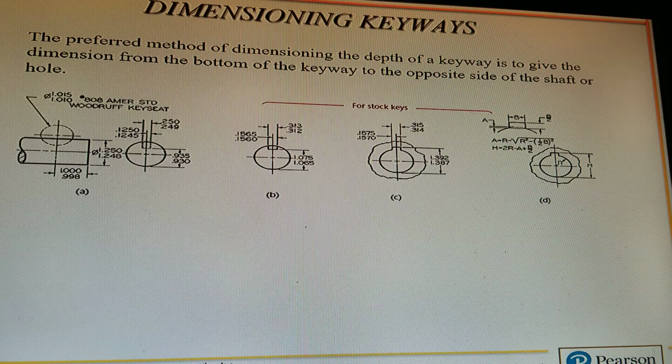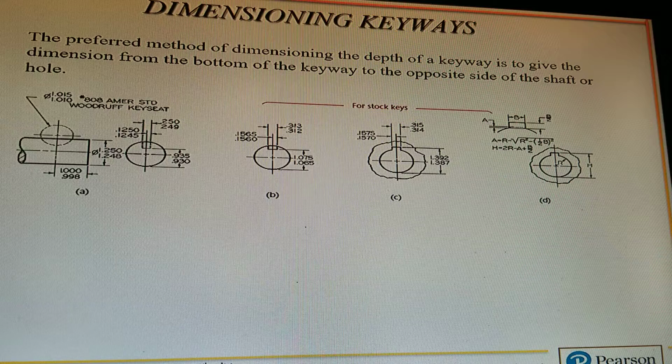So in A, you have a shaft, and you have a keyway in there, and you go across. B looks like the end of a shaft. But C and D are basically a removed drawing of maybe a gear, and the shaft would go inside that hole, and then you put a key.